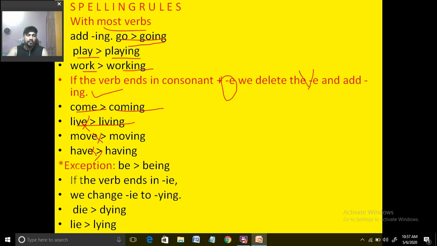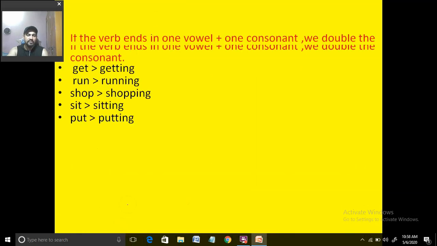Now you see the exception: if it is be, it ends with e, obviously, but it becomes being. If the verb ends with ie, like die, then it is written as dying. The ie turns into ying. Lie, lying.